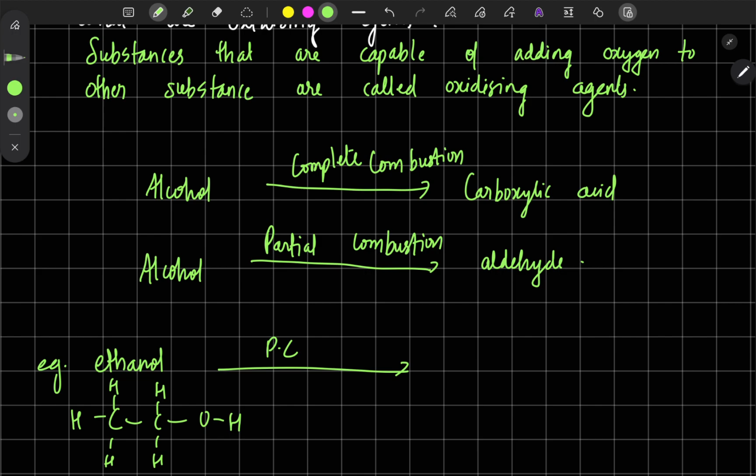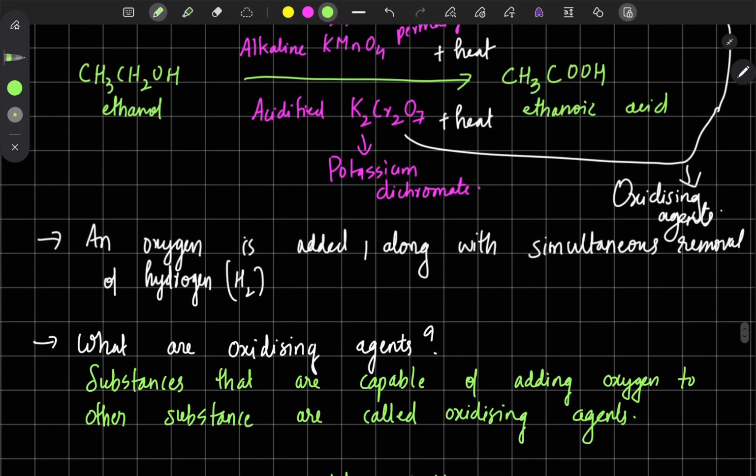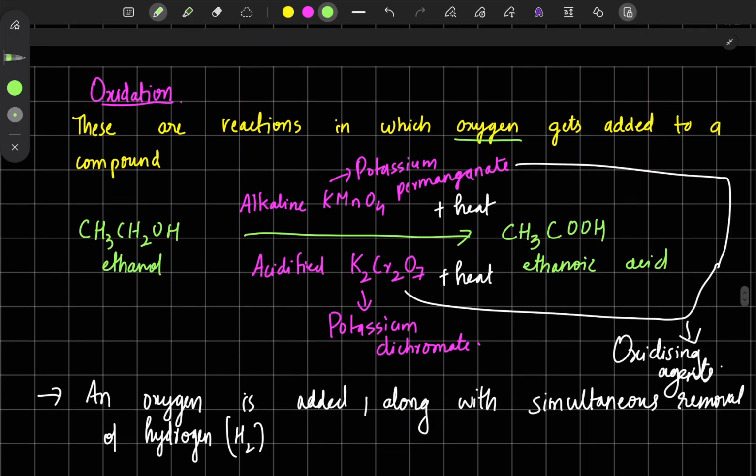It is ethanal, CH3CHO, with a C double bond O and H. This will be formed if it is partial combustion, so keep in mind this as well. That is all about the oxidation reaction. You only have to study this one type of reaction: ethanol changing to ethanoic acid.